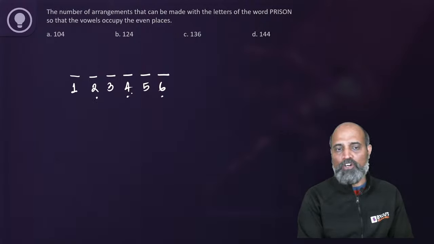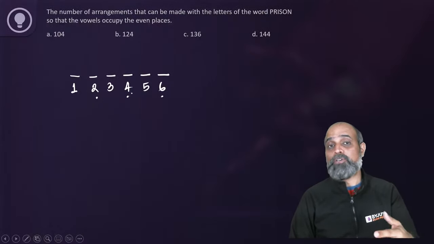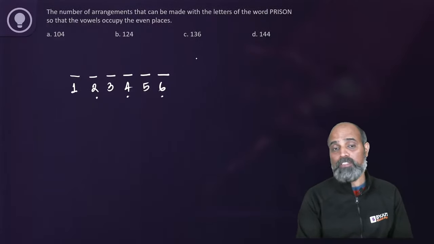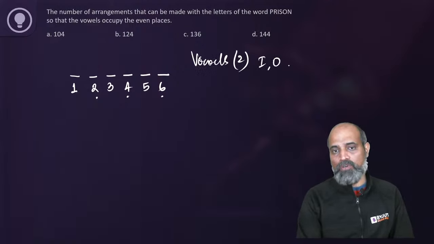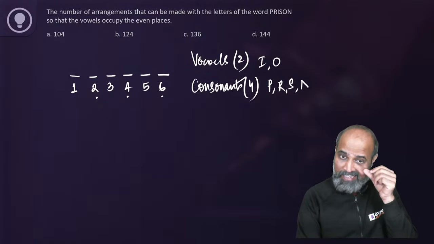You need to have the vowels at these 3 positions, not necessarily all the 3 because we do not have those many vowels. We have only 2 vowels which are I and O, and the consonants we have are the remaining 4 which are P, R, S and N.